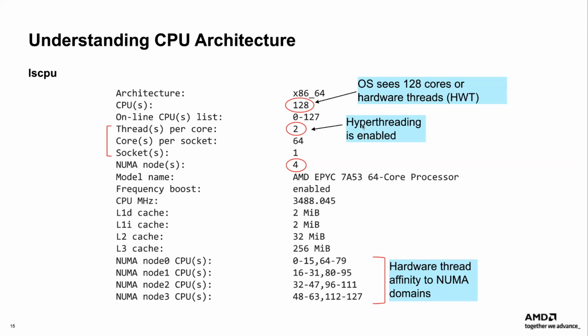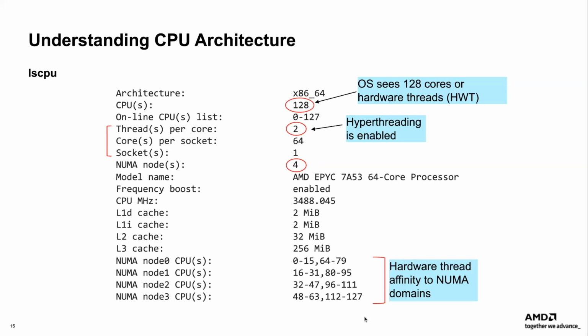And that tells me whether hyperthreading is enabled or not. And in total, that gives us how many cores we have available to use, how many hardware threads. It also tells us that there are 4 NUMA domains and the affinity of CPU cores to each NUMA domain is also pointed out.